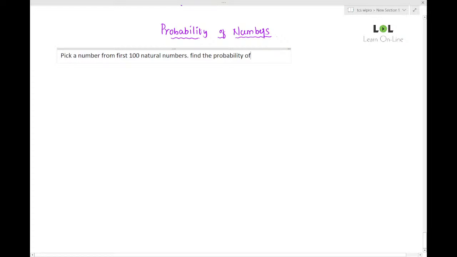And then find the probability of getting an even number. Pretty simple question. Anybody answer? Probability of even number.